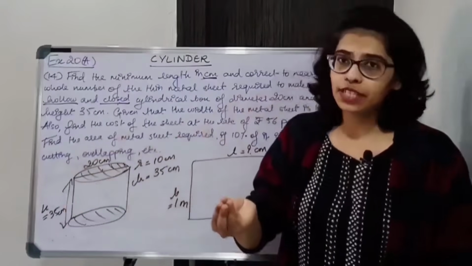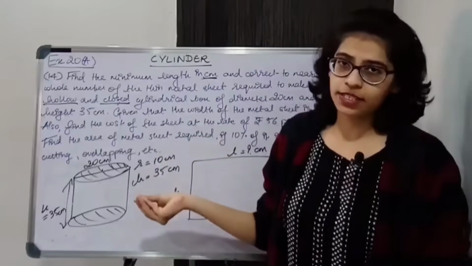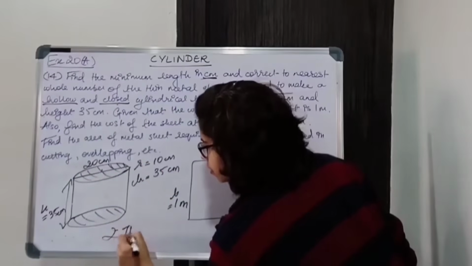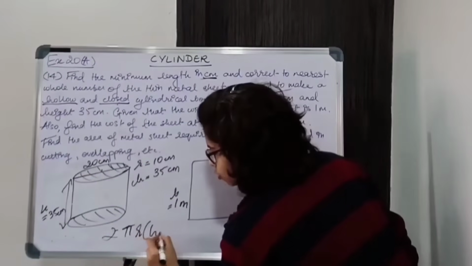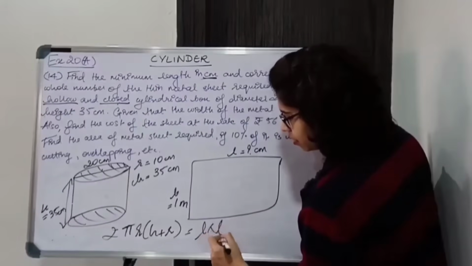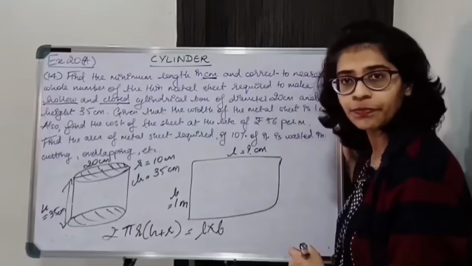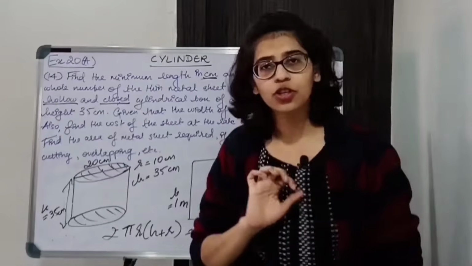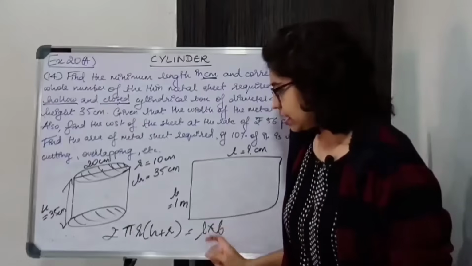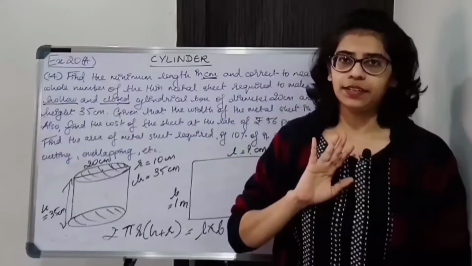Alright? So we'll find the total surface area of the cylinder. What is the total surface area of cylinder? It is 2 pi r (h plus r). We know the formula. So this 2 pi r (h plus r) will be equal to length into breadth of this metal sheet. Okay, this whole area is used up in this. Okay, so this area is equal to this area.